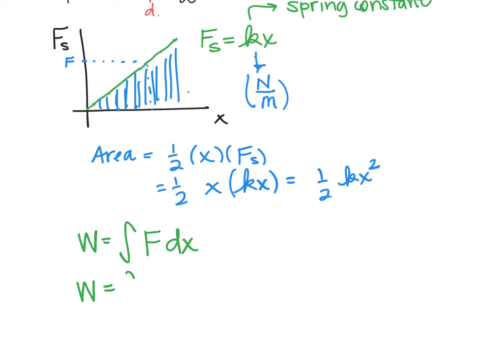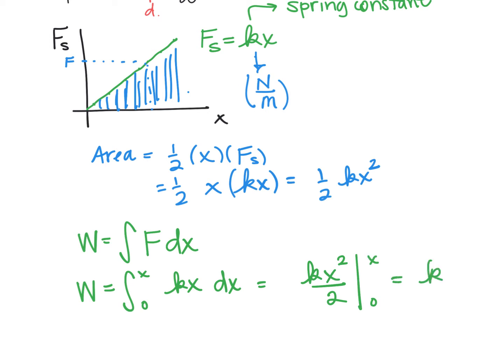If I use our spring, going from 0 to x, Kx dx, then we would have Kx squared divided by 2, evaluated from 0 to x. I know it's not typical to have the variable and the limits be the same letters, but we do that in physics a whole lot. Then minus 0, and that is the work done.